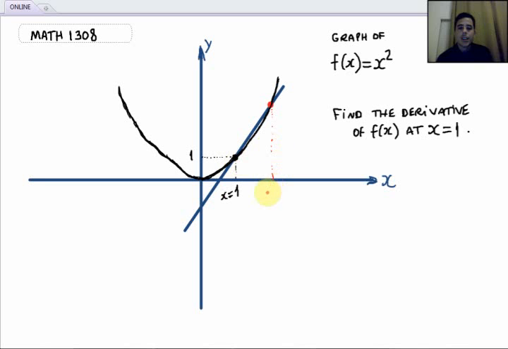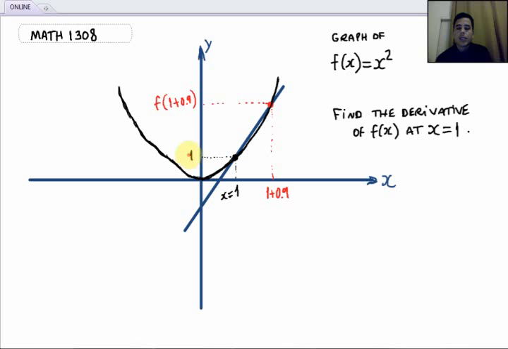Okay, let's say this is a temporary point a little bit away from 1, maybe something like 1 plus, I don't know, 1 plus 0.9, okay? Well, if this is 1 plus 0.9, then this would be f of 1 plus 0.9.